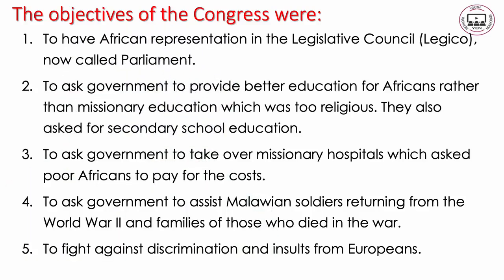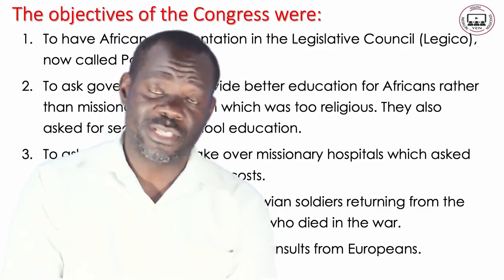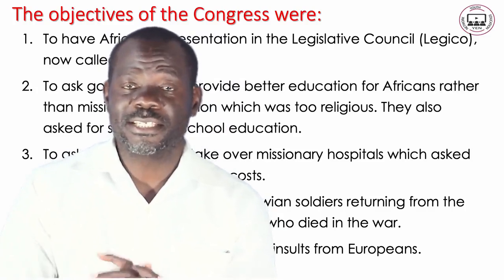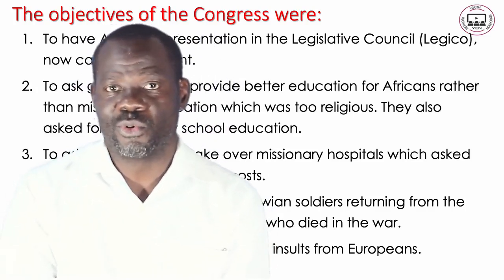Another objective was to ask the government to assist Malawian soldiers returning from World War II and families of those who died in the war. So they wanted to ask the government to please assist the soldiers who went to fight in World War II.